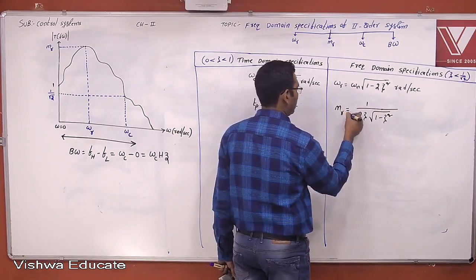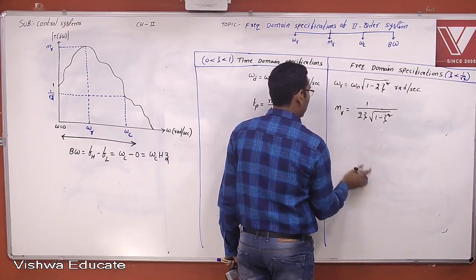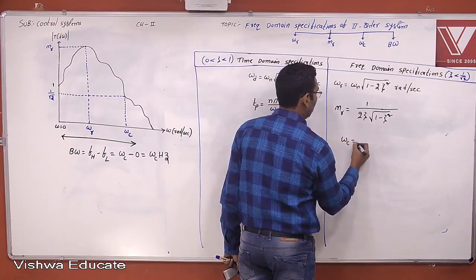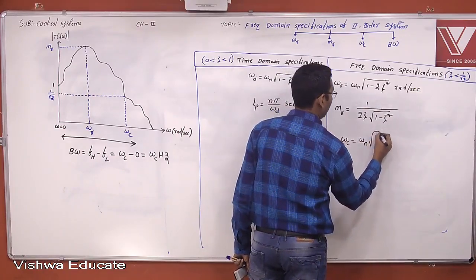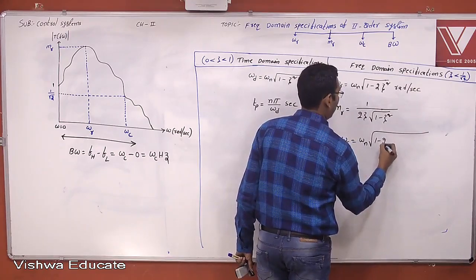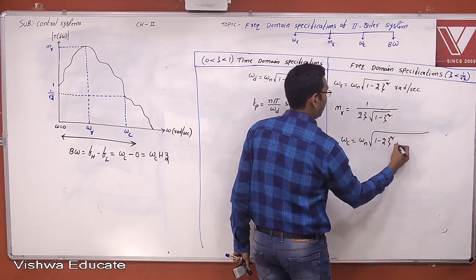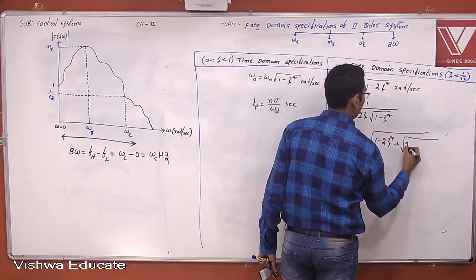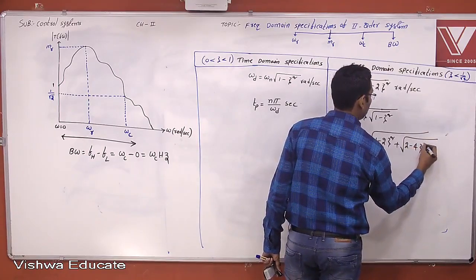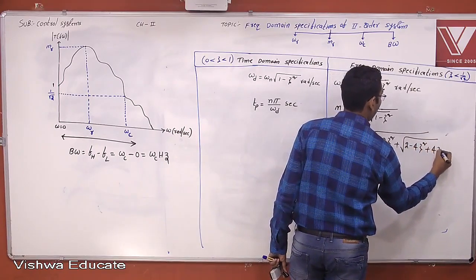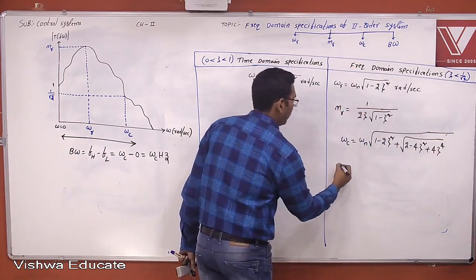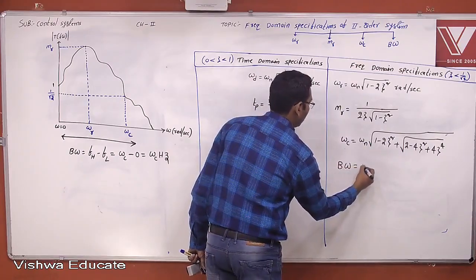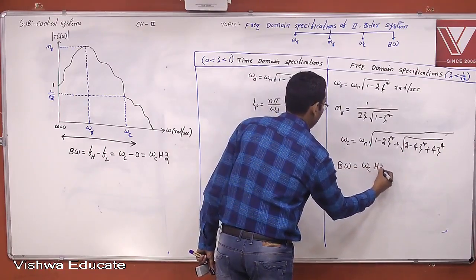This is the resonant frequency, and this is the cutoff frequency, which is equal to omega n into square root of 1 minus 2 zeta square plus square root of 2 minus 4 zeta square plus 4 zeta power 4. And bandwidth is nothing but omega c hertz itself.